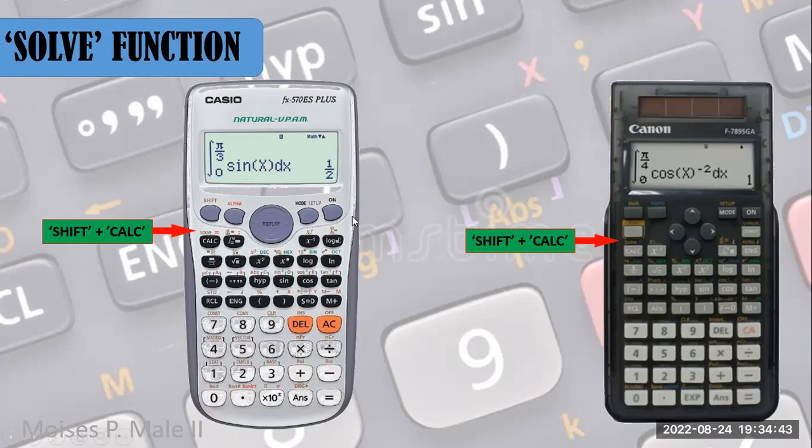Pag shift solve nyo. So, in this function, kailangan nyo mag-input ng initial value ng unknown X, para dyan siya mag-start. Kasi may iteration yan, no?